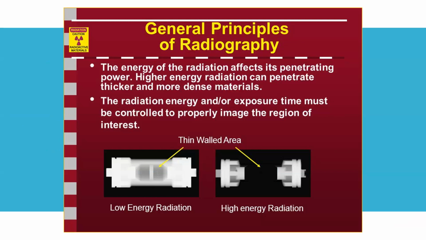And the areas that are thicker or heavier or more radiation absorbing materials, greater degree of absorption, the film is not going to turn black. It's going to remain more of a white. And even with the modern electronic detectors, they still use this black-white scale as the most common for viewing things. Now, a lot of times we're getting into color scales now, color systems now too, to help differentiate even more.